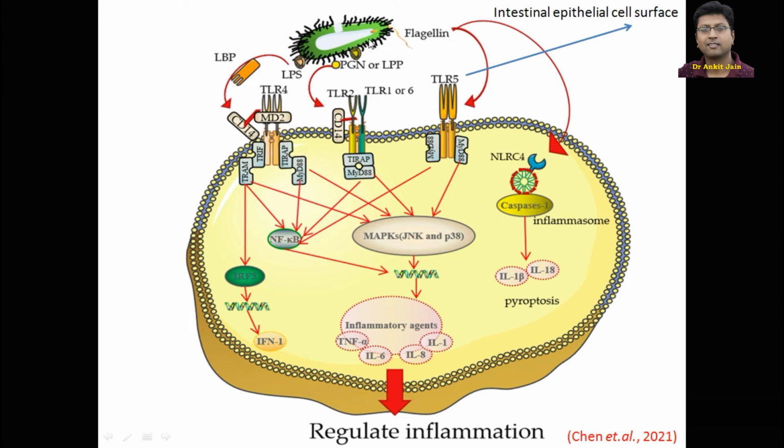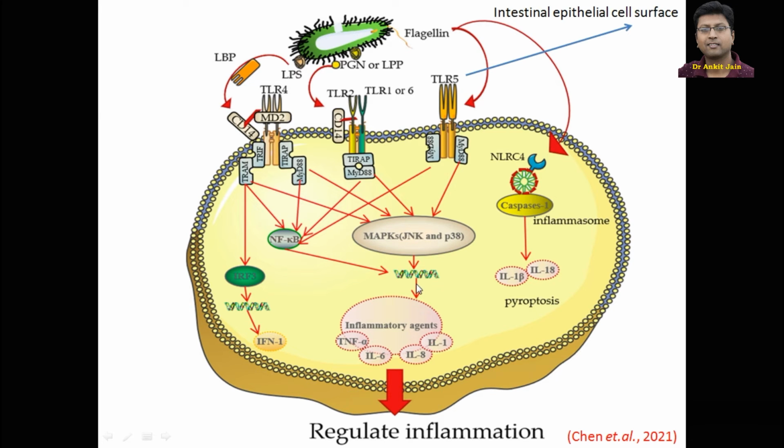The third one is the lipoprotein. Lipoprotein binds to TLR1 and TLR6, and flagella especially bind to TLR5, which is present on the intestinal epithelial cell surface. They activate the MyD88 system, and they activate the Janus kinase and p38 system.